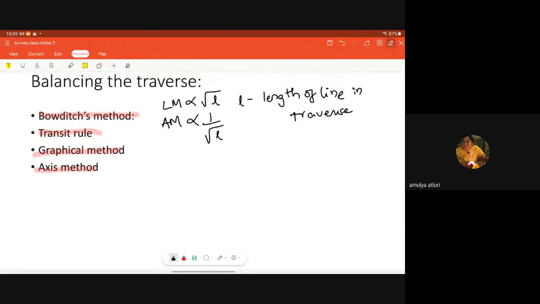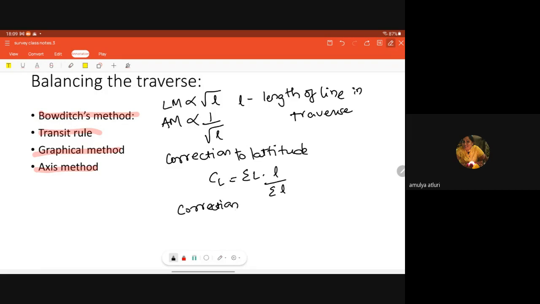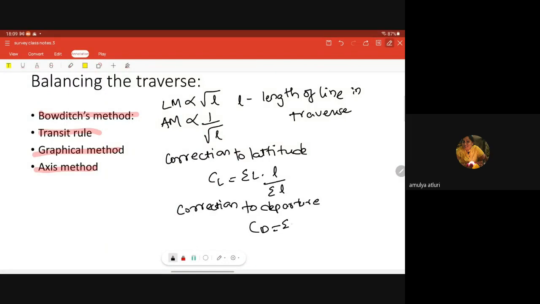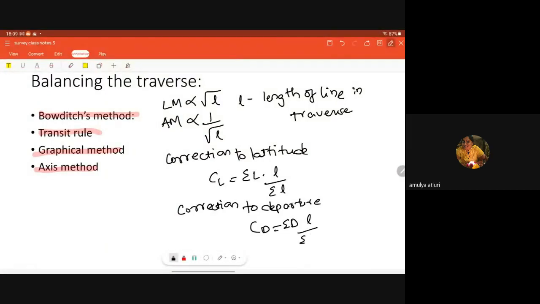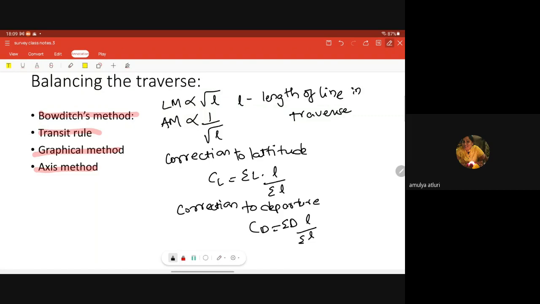And correction of latitude. Here the correction to latitude, CL is equal to sigma L into L by sigma L. Correction due to departure, CD is equal to sigma D into L by sigma L. What is sigma L?